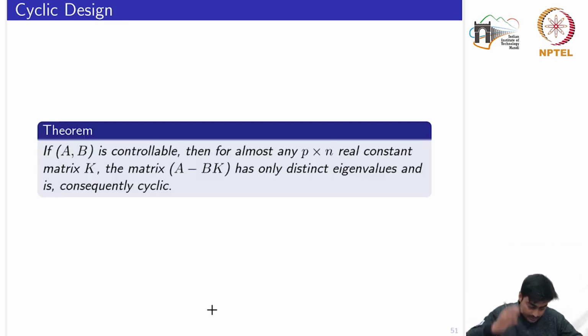Now the next result says that if the pair A comma B is controllable, then for almost any P cross N real constant matrix K, the closed loop state matrix has only distinct eigenvalues and is consequently cyclic.